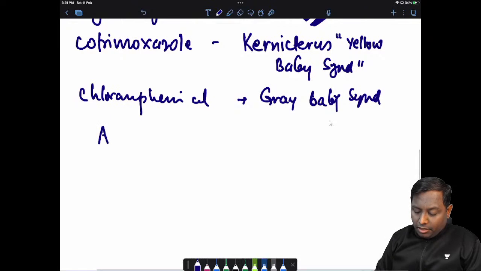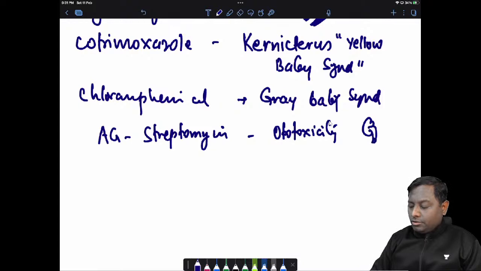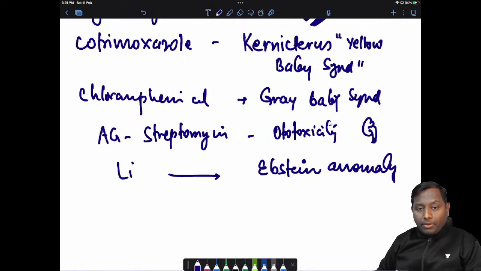Then we are also having any of the aminoglycosides like streptomycin, capreomycin, kanamycin. They can lead to your ototoxicity, nephrotoxicity. Lithium, world famous, सबको पता है ना कि lithium is going to be associated with the Ebstein anomaly, right? It will be Ebstein anomaly, all right?